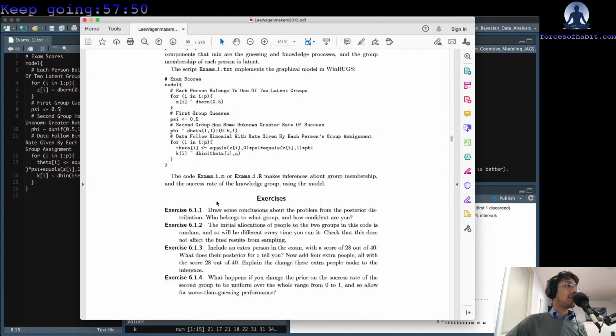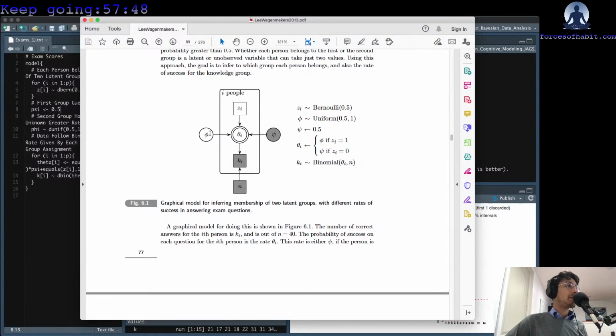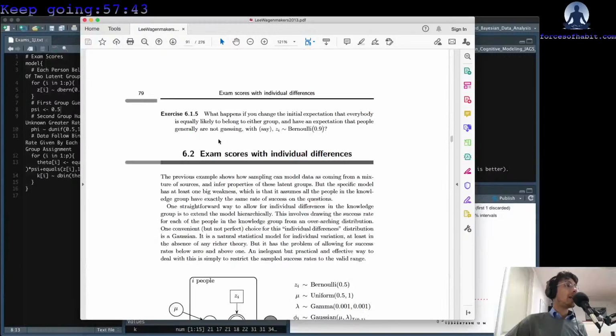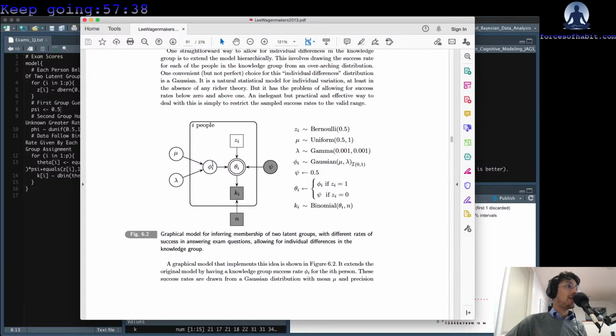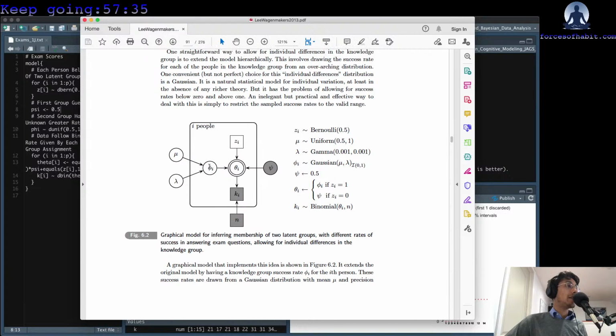Everyone who was knowledgeable had the same value for phi. Now, each person, phi sub i, has their own value of phi, and this is going to be distributed by these two parameters, which we don't observe. So we're going to estimate the average and precision for phi. Everything else is the same, essentially.